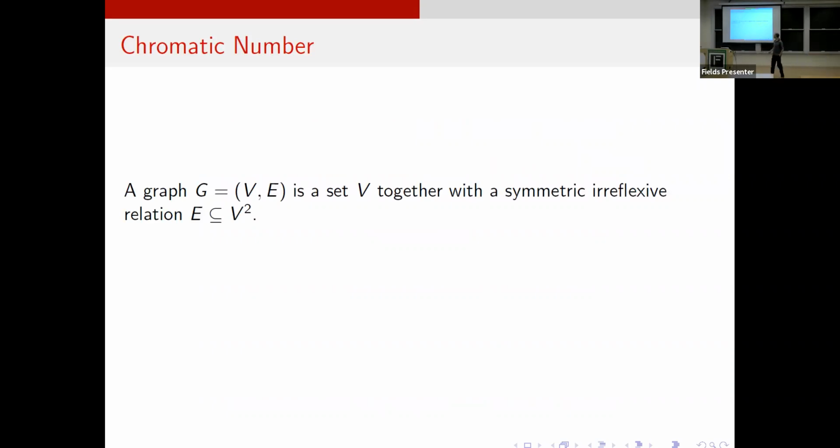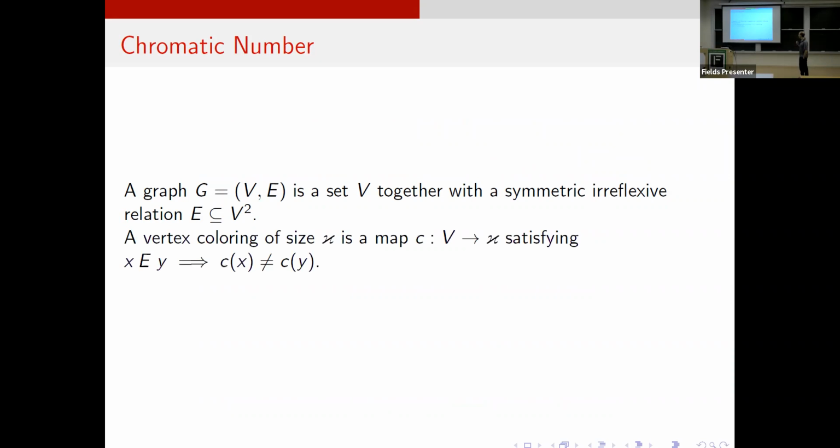Okay, so some preliminaries. A graph is a set together with a symmetric reflexive relation, or just an edge relation. A coloring of the vertices is a map that assigns each vertex a color, say of size kappa, such that if two vertices are connected by an edge, we want them to be colored by different colors.